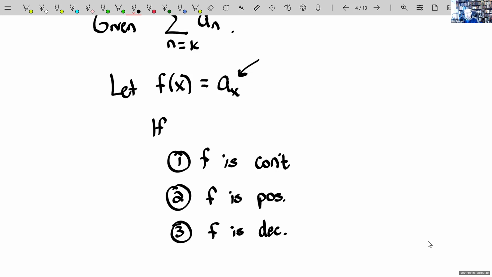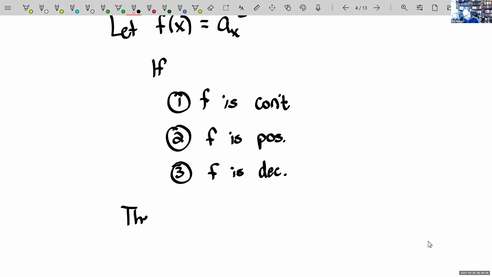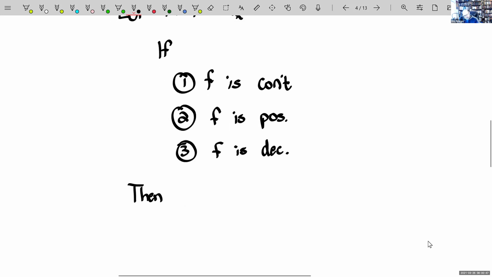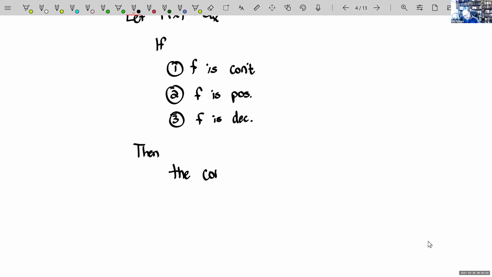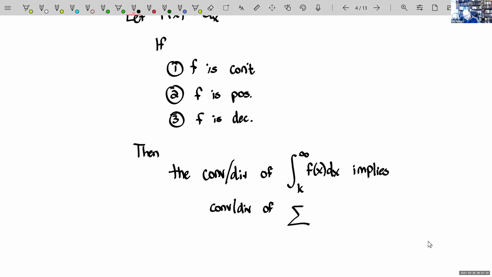If all three of those conditions are met, then the convergence or divergence of the improper integral from k to infinity of f of x dx implies the convergence or divergence of the summation n equals k to infinity of a sub n.